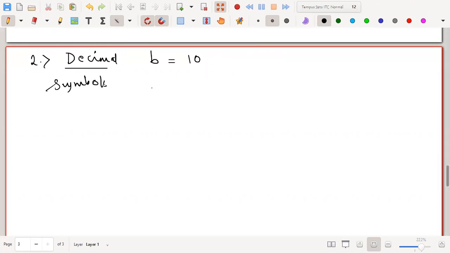This is the value of d_i or d_-f. The symbols used start from 0, 1, then 2, 3, 4, 5, 6, 7, 8, and 9. From 0 till 9. So these 10 symbols are used. That is why the base is represented as 10. Now, how is the weight?